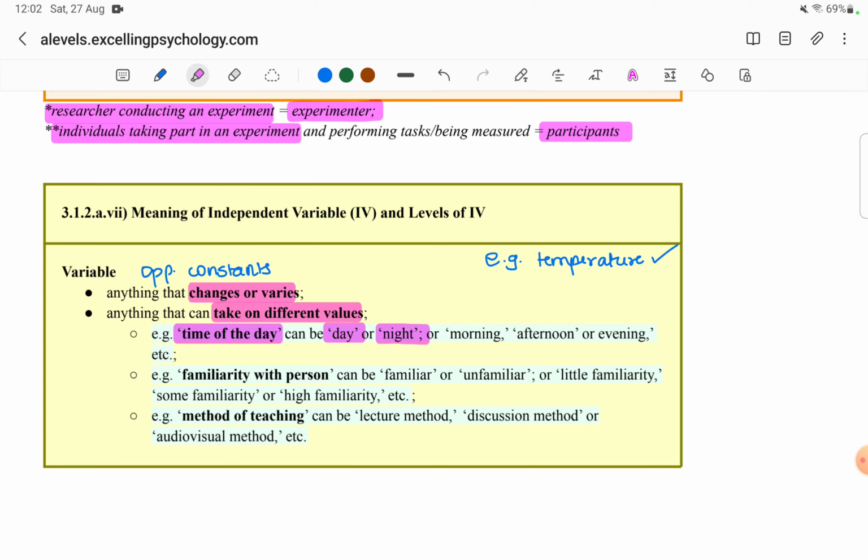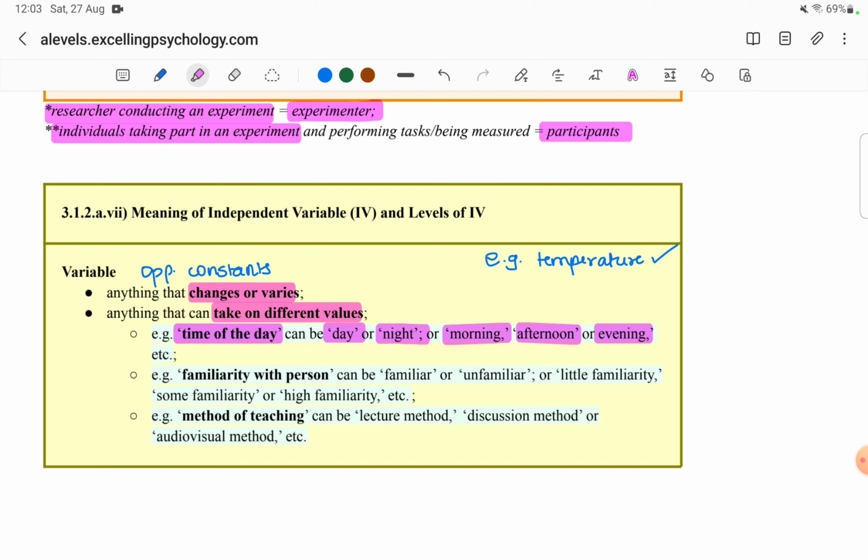Which values are included in a particular piece of research depends on exactly what the researcher is trying to study. So one researcher might be interested in time of the day as day and night. Another researcher might be interested in the same variable but different values of it. So he might be interested in time of the day in terms of morning, afternoon, or evening. The variable remains the same, it's just that two different researchers are interested in different values of it.